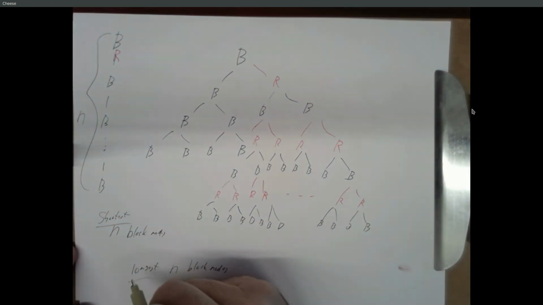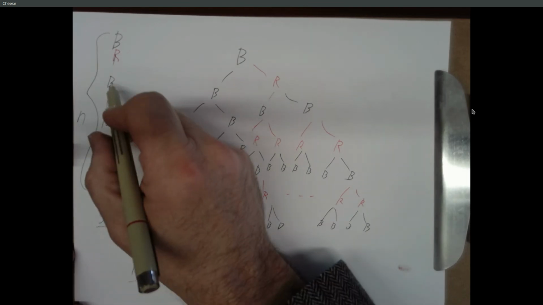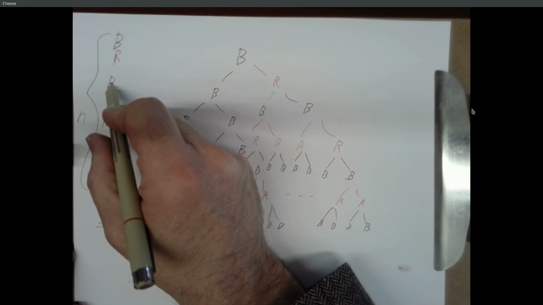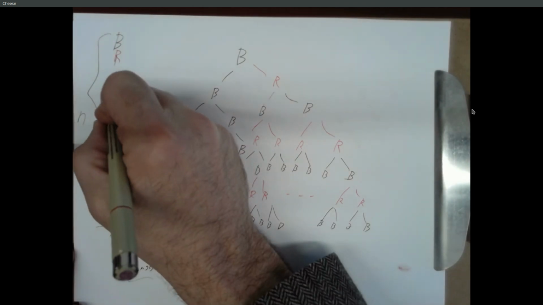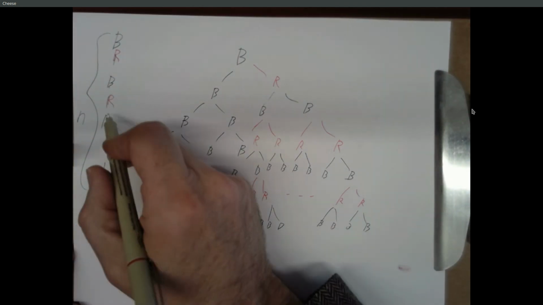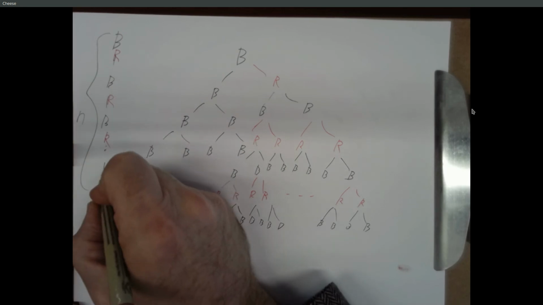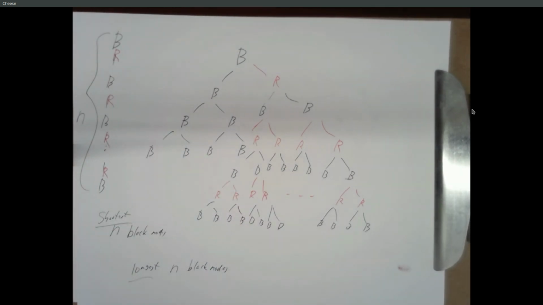Can we put another red node after that? No, because red nodes have to have black children. So we have to take one of the black nodes and use that as a descendant. But after that, we could insert a red node. And then the next node has to be black, and so on. And so it turns out we can insert n red nodes.